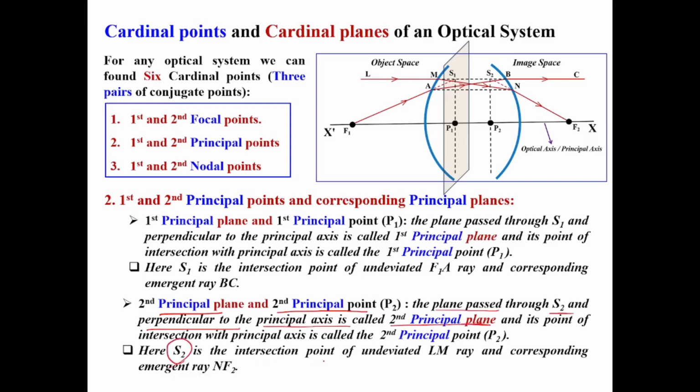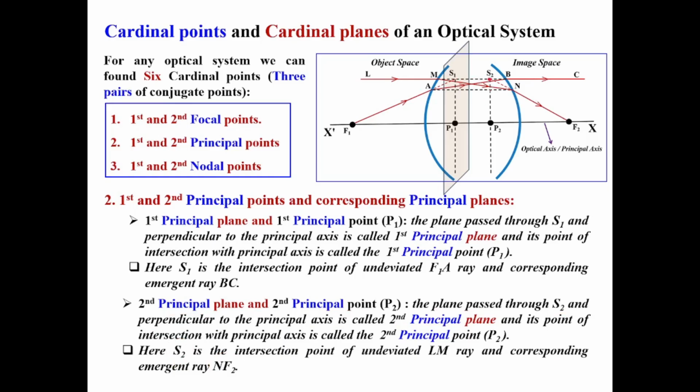Here S2 is the intersection point of the undeviated LM ray, this one, which if I extend it, will be extended like this, and the corresponding emergent ray, that is your NF2. If I extend this NF2 backward, then both rays, the undeviated LM ray and the NF2 ray, intersect each other at the S2 point.